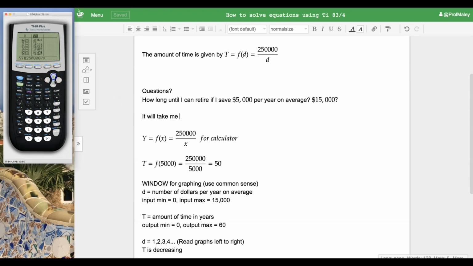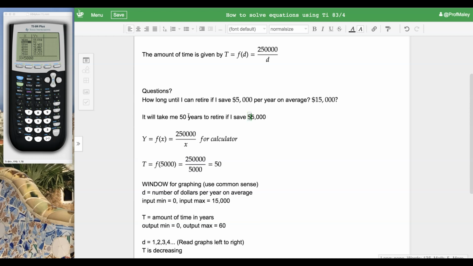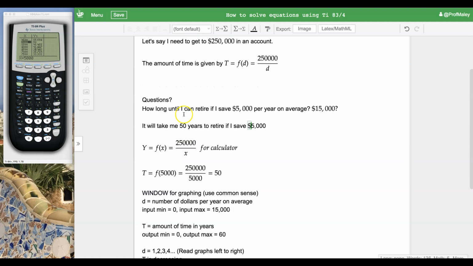Or it was longer than that. 50 years, that's right. 50 years to retire if I save 5,000, on average.